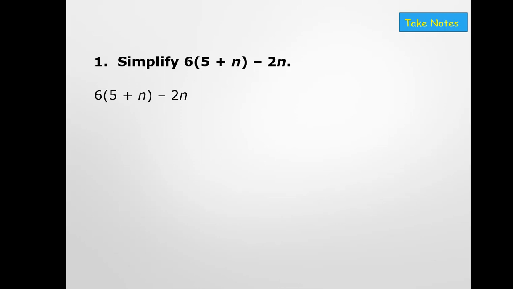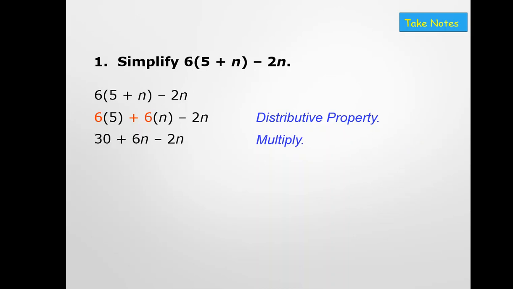Okay. First thing, that's our expression written out. We're going to distribute. Take 6 times 5 and plus 6 times n. Then we're going to multiply. So 6 times 5 is 30, and 6 times n is just 6n. And we didn't do anything with this thing here because it wasn't in parentheses.